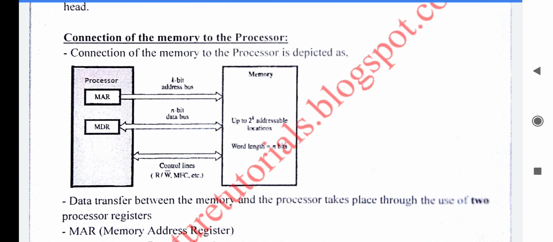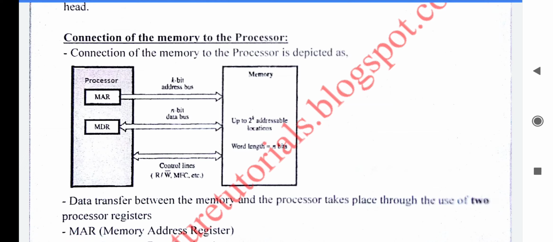See, the processor and memory must be connected because everything should be processed in a processor. If you need anything to process, there is a need to establish the connection, so connection establishment is necessary for memory. So how is the connection established between memory and the processor?